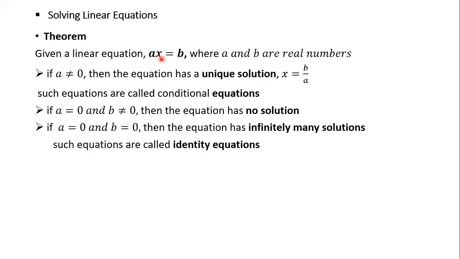And 0 can never be equal to 2 in any way. There is no way we can let 0 be equal to any real number apart from 0 itself. So such an equation, whereby A equals 0 and B is not equal to 0, has no solution.